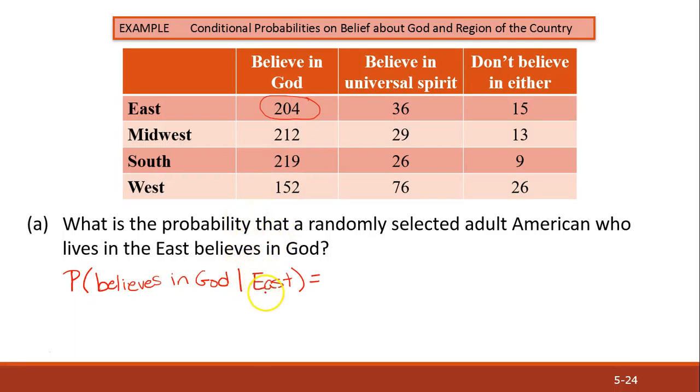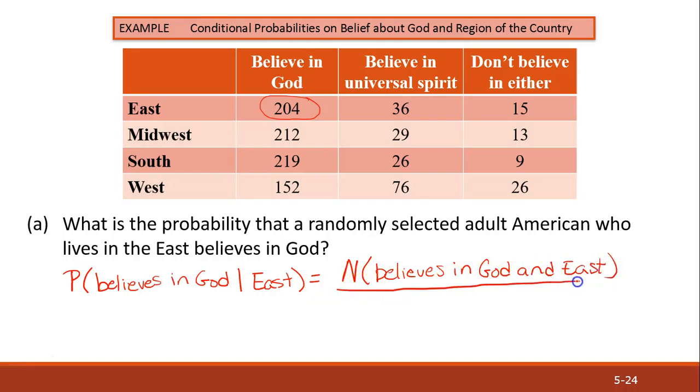So how we do this is that it's going to be the number of people that believe in God and live in the East, so this number right here, 204, believes in God and lives in the East, over the number of people who live in the East.